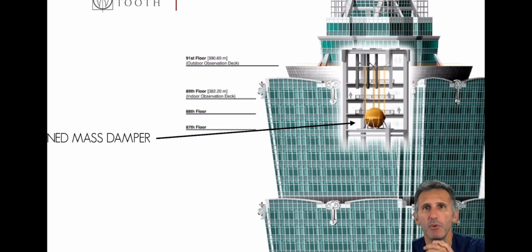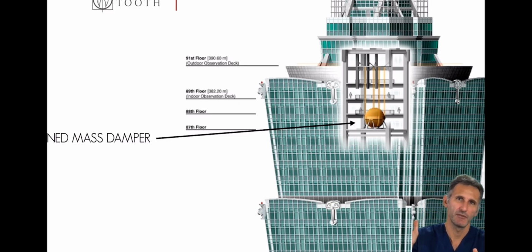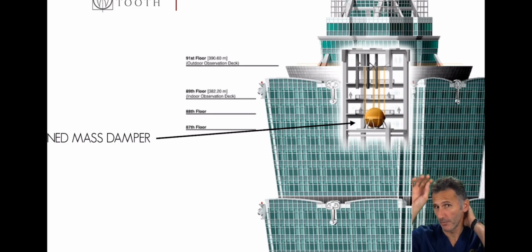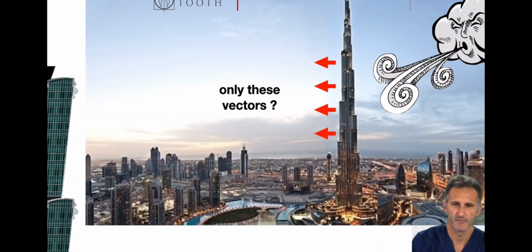They put a big ball of steel, 6 meters, 10 meters, very, very big. Because this works against the force, the oscillation made by the wind. These are called tuned mass dampers, and they're placed at the top of the skyscraper.